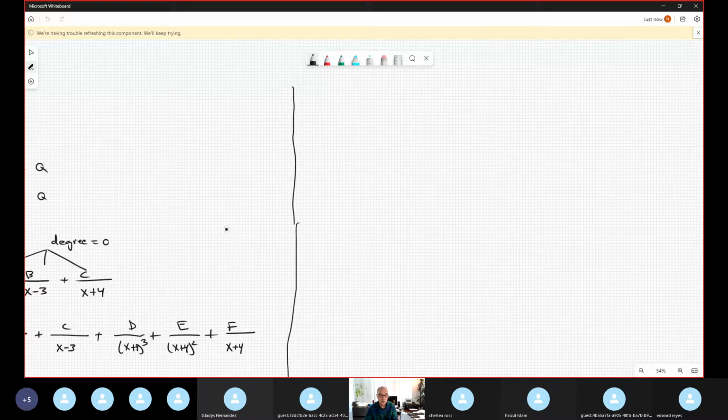Let me show you. Suppose you have a partial fraction decomposition like that. What is my goal? It's 3 over x minus 3 plus 2 over x plus 4, it's a given. My goal is to condense into only one. This is partial fraction decomposition. Somebody did that. Okay, nice.